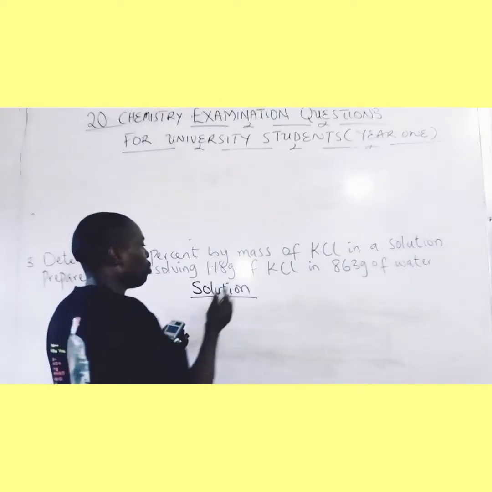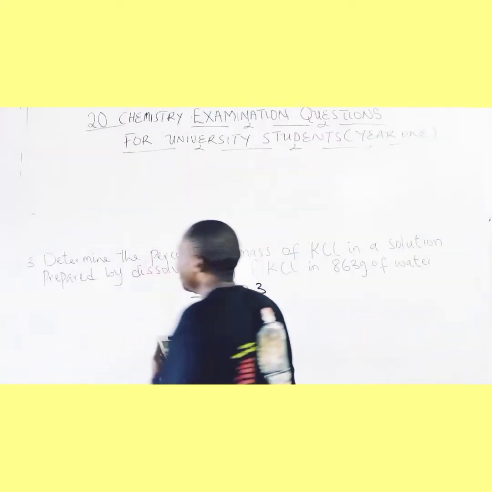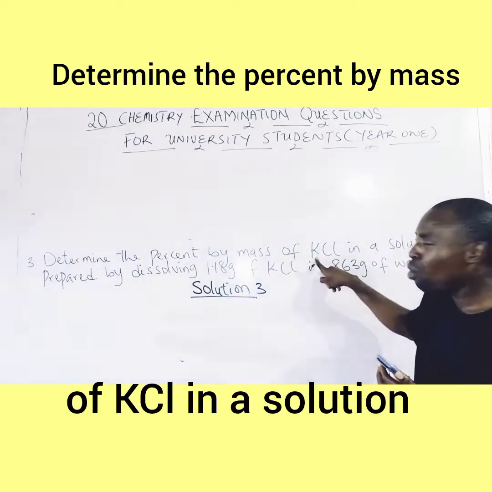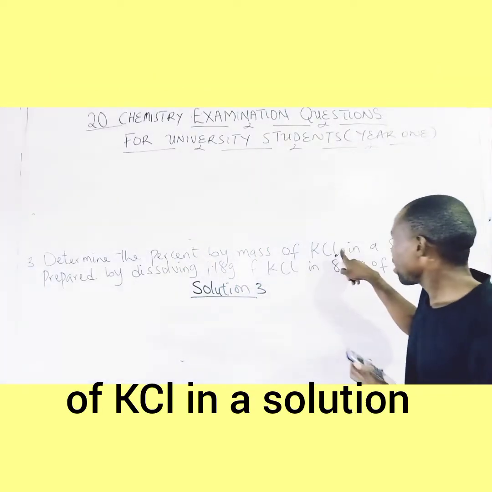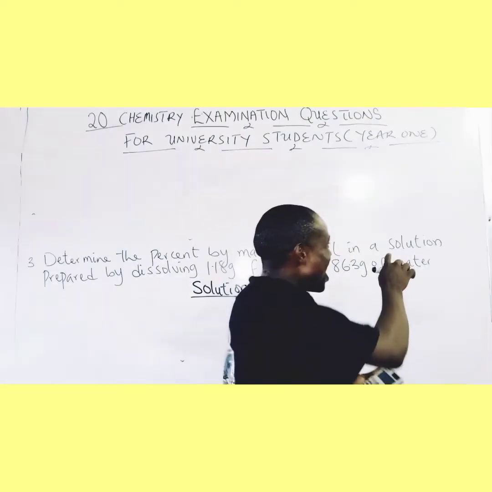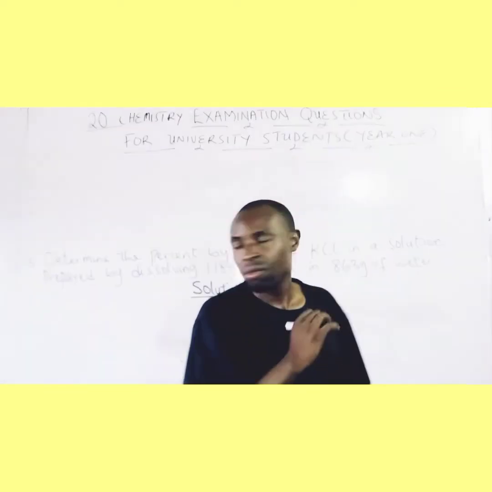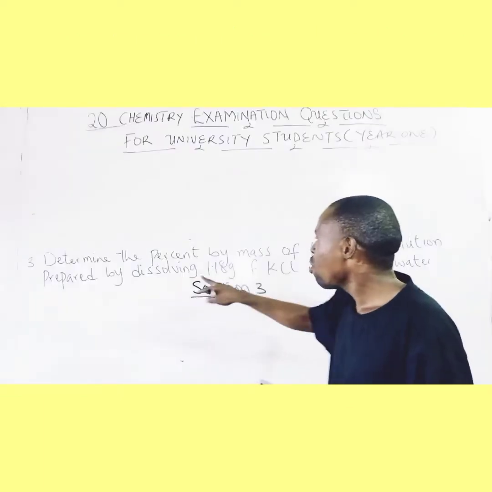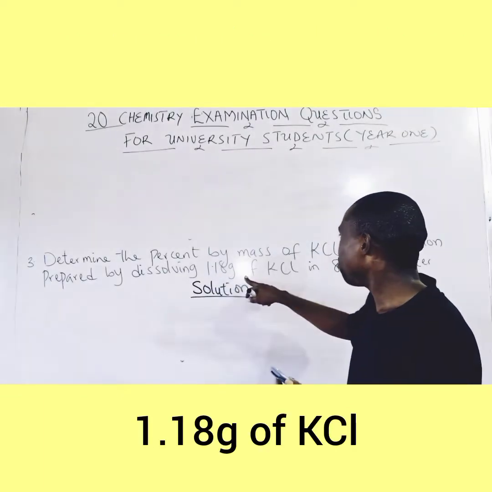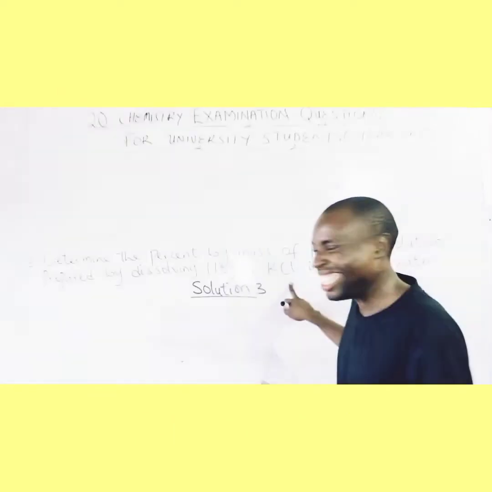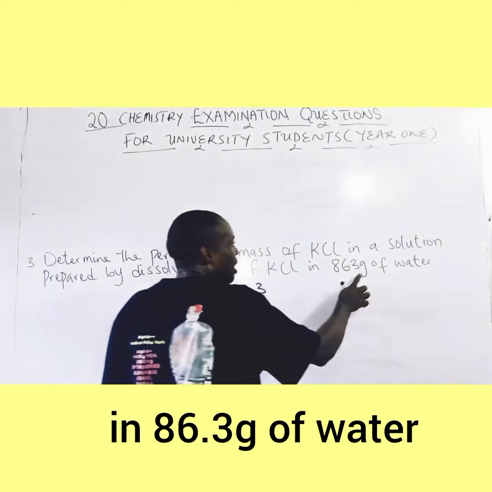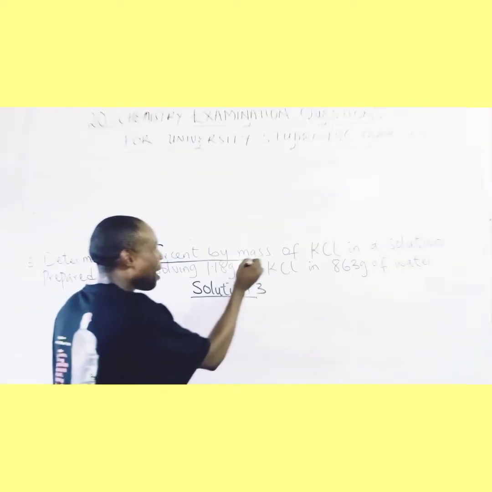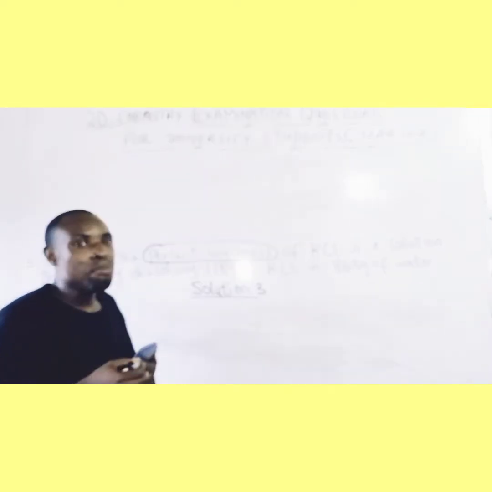The question says, determine the percent by mass of potassium chloride in a solution prepared by dissolving 1.18 grams of KCl in 86.3 grams of water. Meaning, your interest here is the percent by mass, or mass percent.